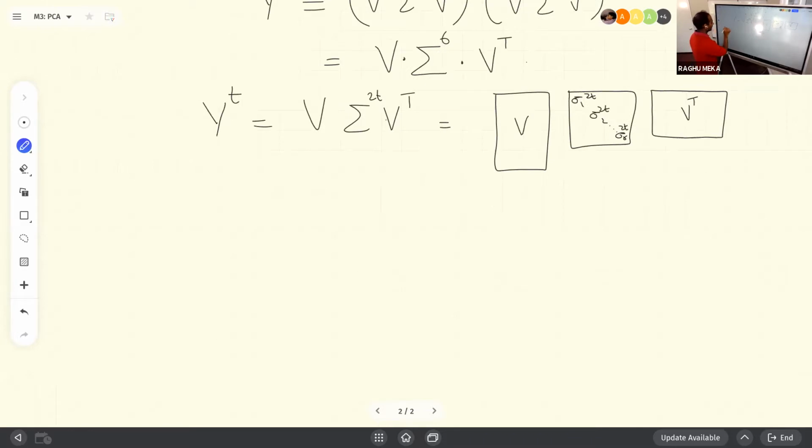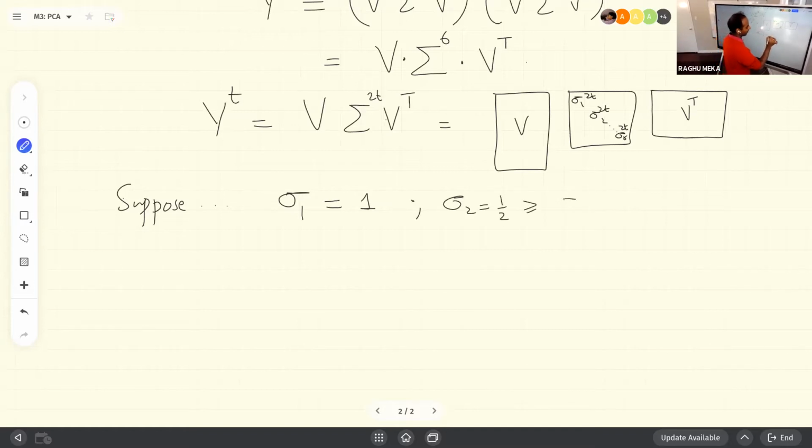So let's suppose, for some reason, let's say the largest entry, we normalized it so that that was 1. I'm trying to understand how the sigmas scale with respect to each other. And sigma 2 is a half. Okay, maybe half also seems a bit too optimistic. Let's say it's 0.9.